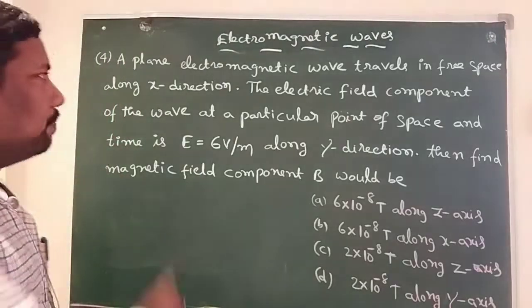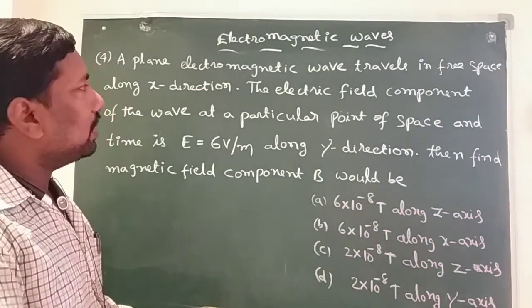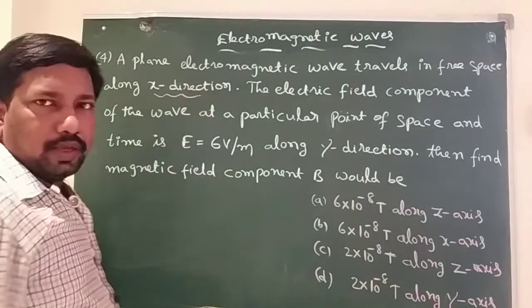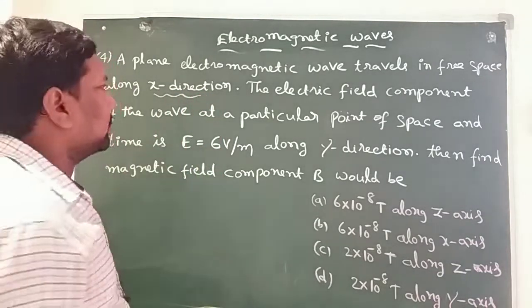Now problem number 4. A plane electromagnetic wave travels in free space along the x direction, so the wave direction is along the x axis.